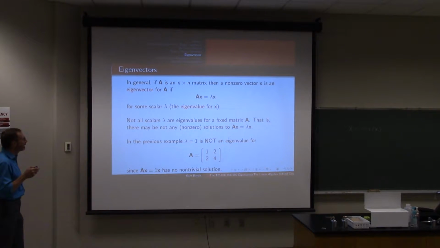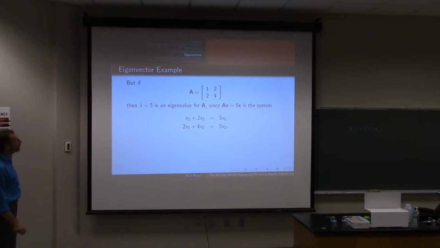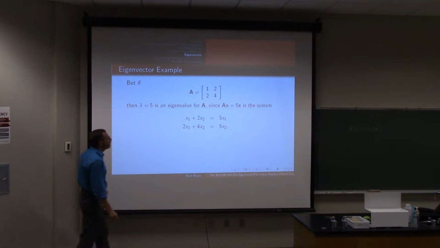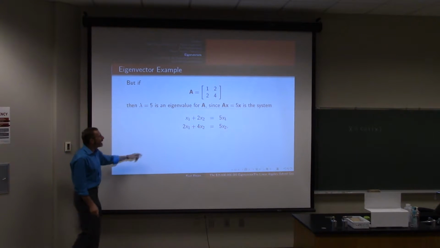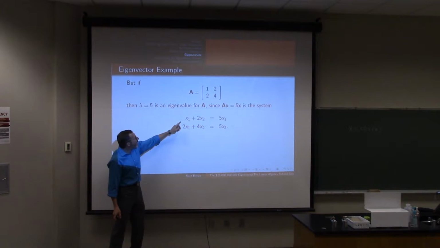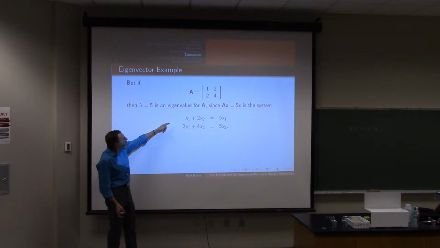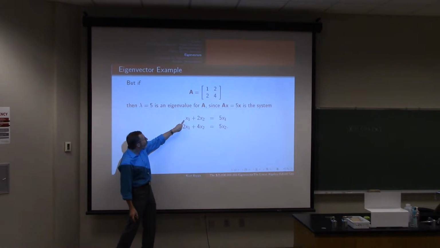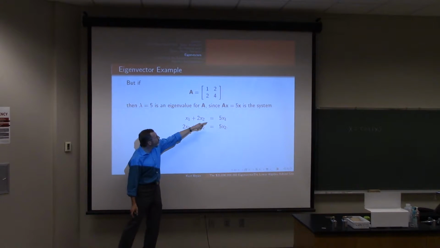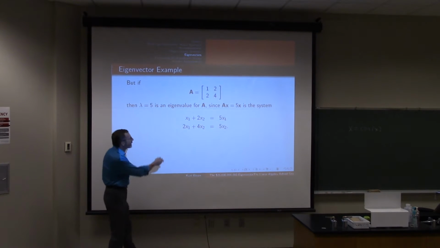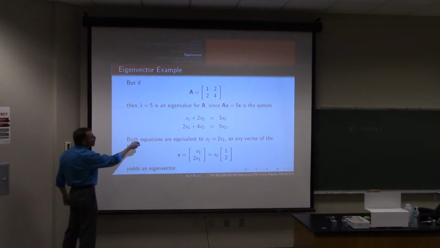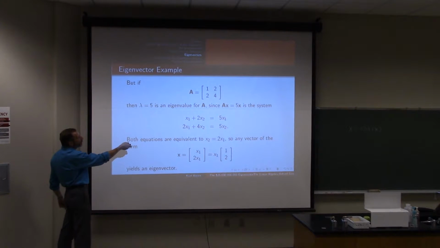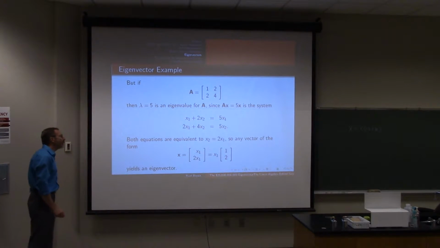But for that matrix, it turns out that 5 is an eigenvalue, because A times x equals 5 times x does have a solution. This system of equations can be written out more conventionally, where A is 1, 2, 2, 4, times x1, x2 equals 5x1, 5x2. There is a solution to that system of equations. If you chase through the algebra, you'll find that both of those equations boil down to x2 equals 2x1.